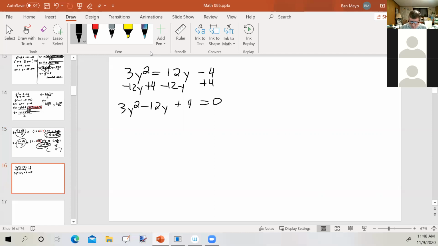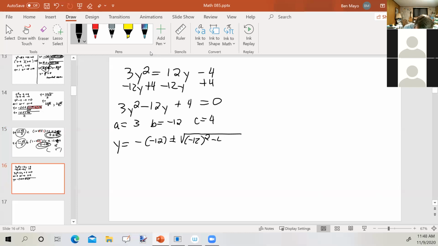So now it's in standard form. Identifying my coefficients, a is 3, b is negative 12, and c is 4. So y equals negative b plus or minus the square root of b squared minus 4ac all over 2a.